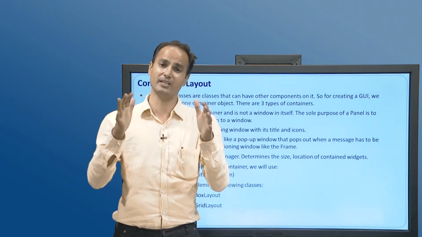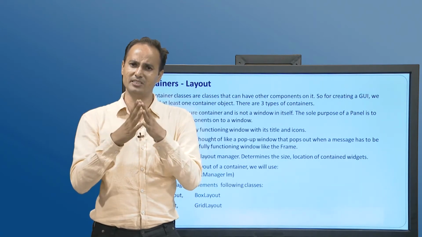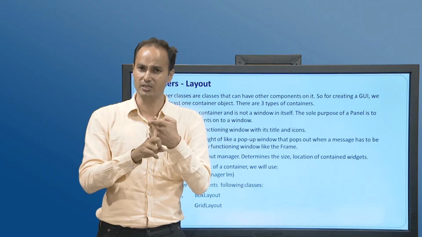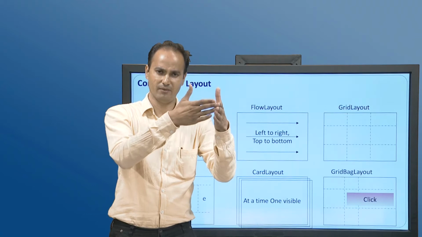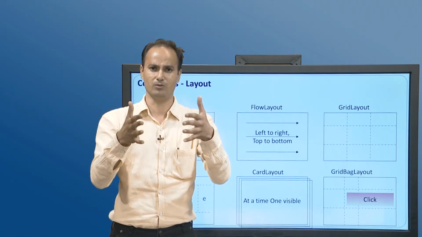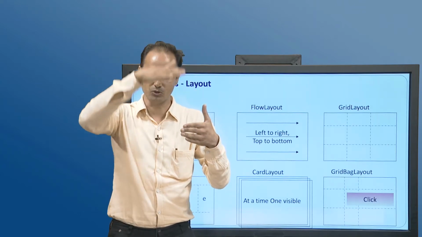There are different kinds of layout managers available. Layout managers fall into different categories, but the mostly used ones are, first, the flow layout, which works in the same manner as the components are created and added. The flow layout will arrange the components from left to right and top to bottom.